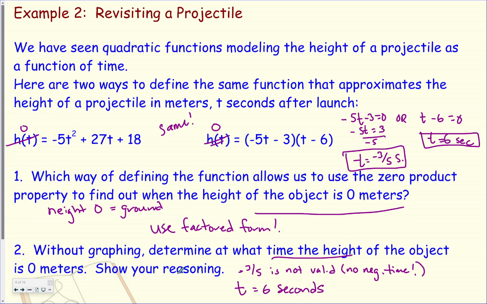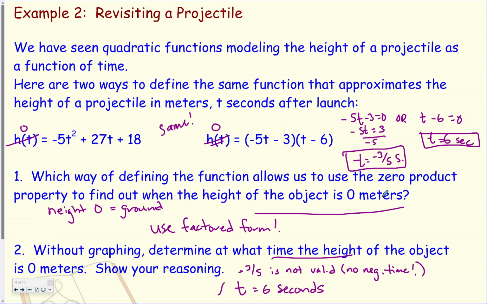This object lands on the ground after 6 seconds because only that one answer happened to work. This is going to be common with projectile problems. You often get one answer that's positive and one that's negative, a small negative answer and then one answer that's further out positive. And that's going to be the correct one because time has to go forward.